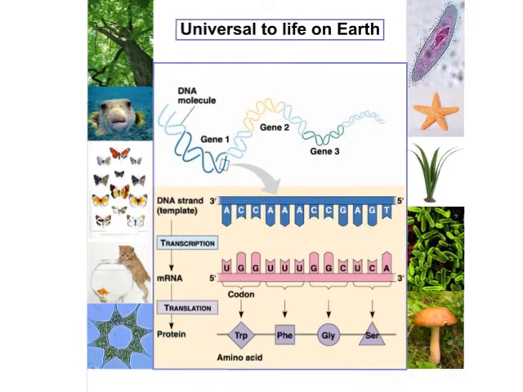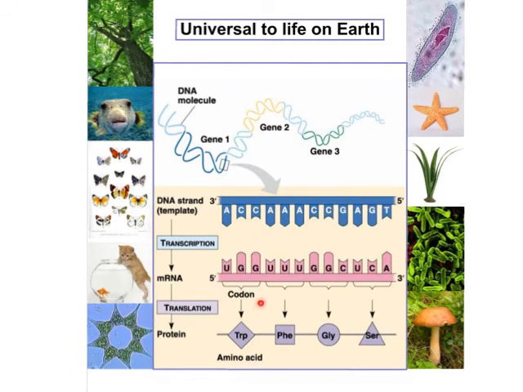So that brings us to a very important concept, and that is that this process is universal to life on Earth. All life uses proteins, and the way they are made is through translation. And just a quick recap, we have our DNA molecule here, and this is just a little diagram showing how DNA will go through transcription to form mRNA.